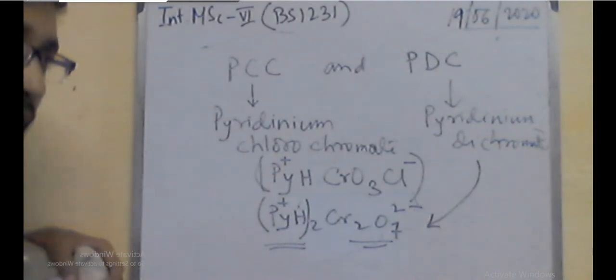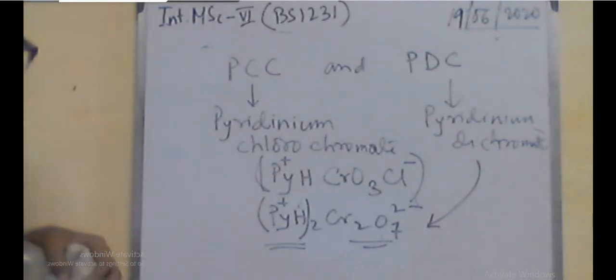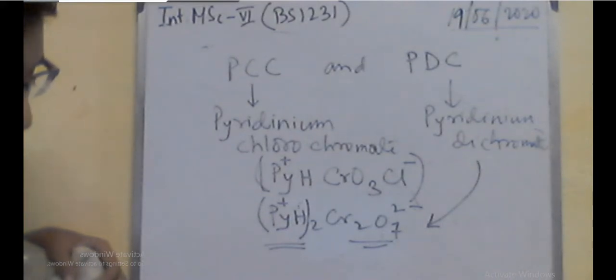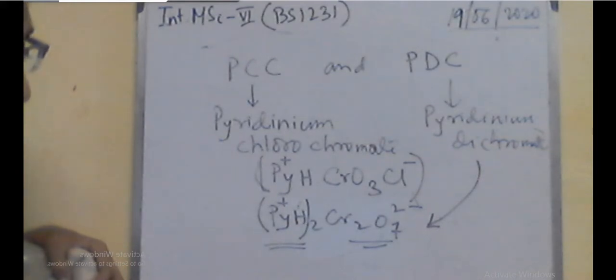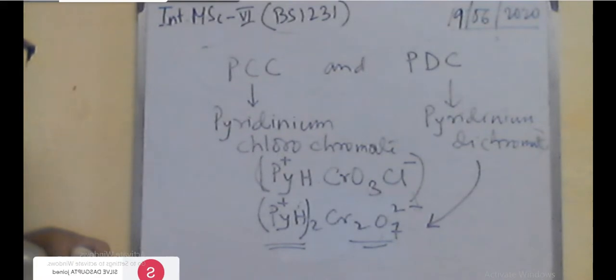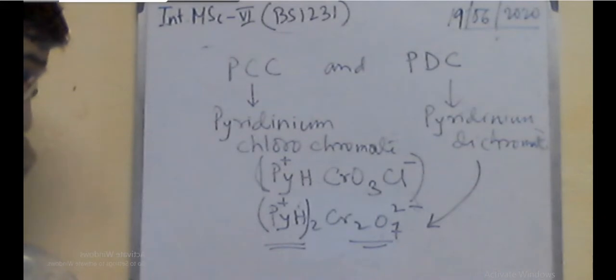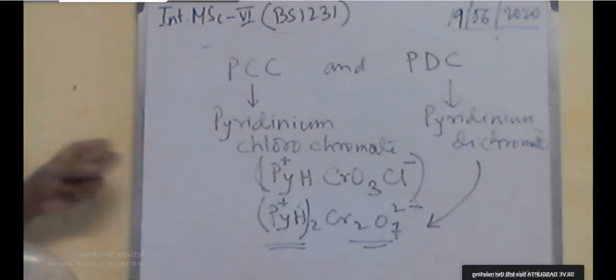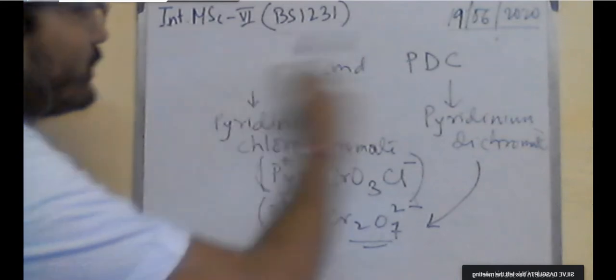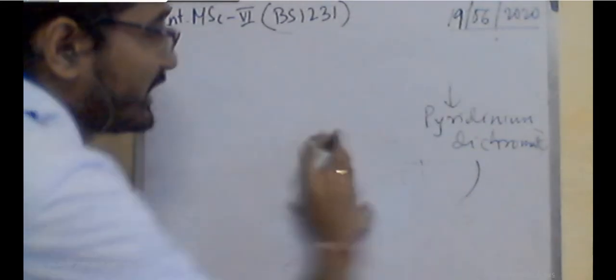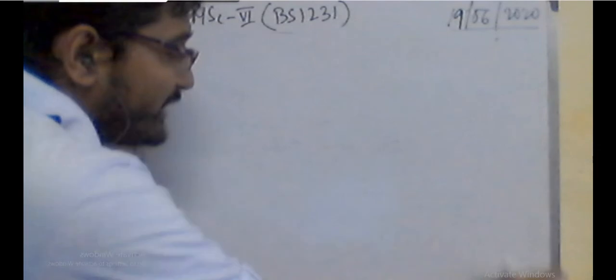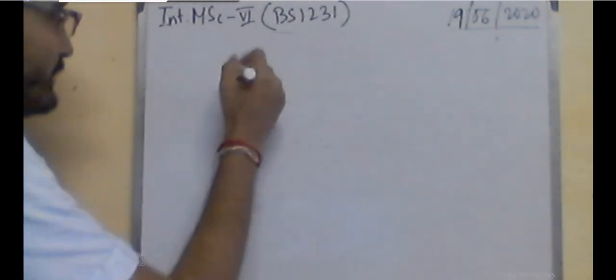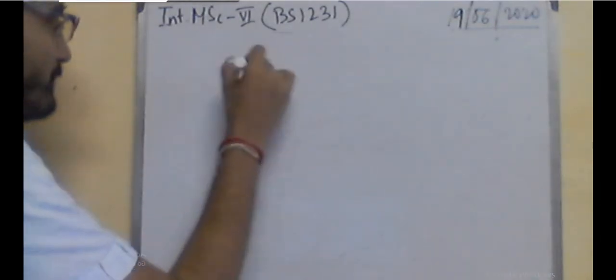So if there is no doubt, then the other two important oxidizing agents are osmium tetroxide and alkaline KMnO4. Why are these two reagents important? Because in this case, from alkene you can generate the diol derivative.